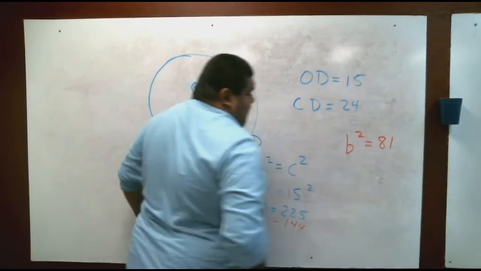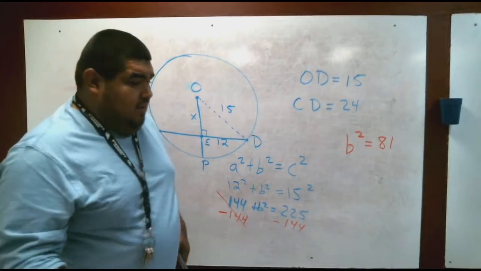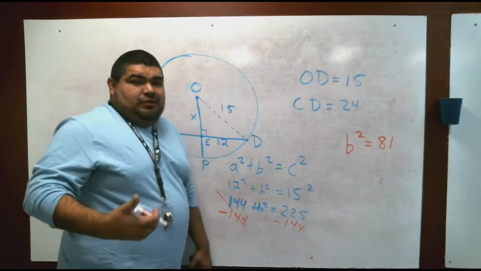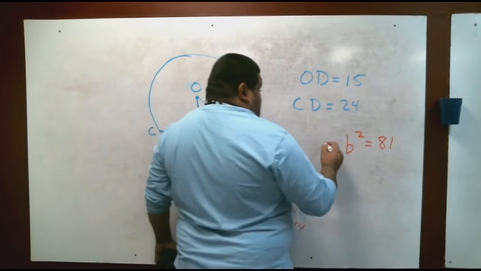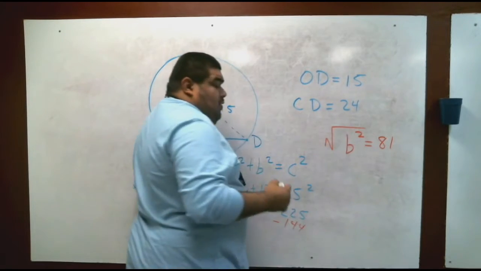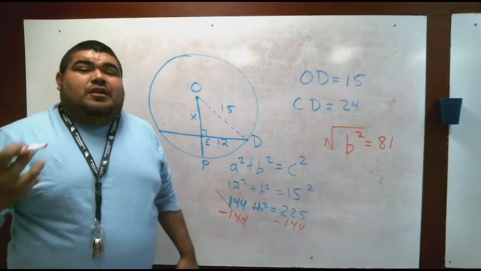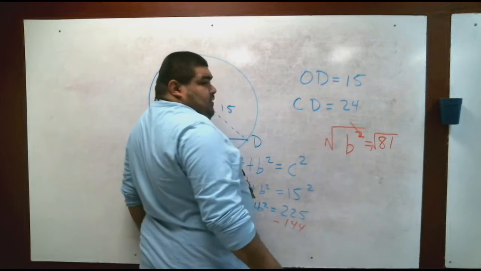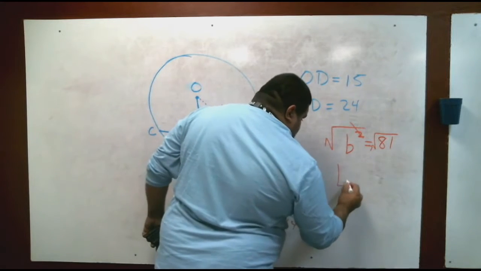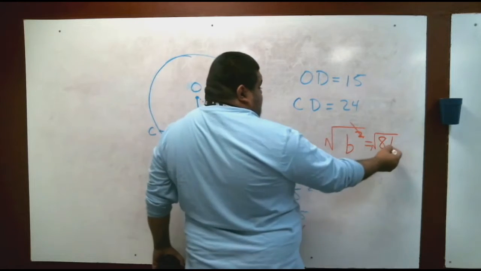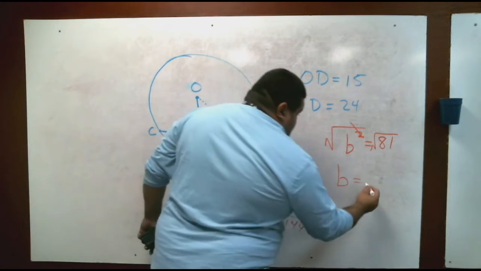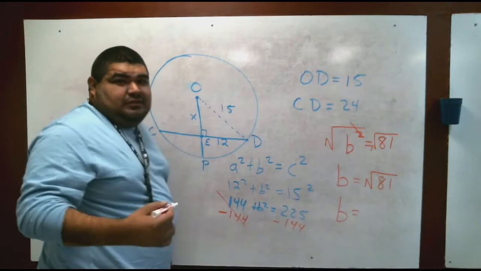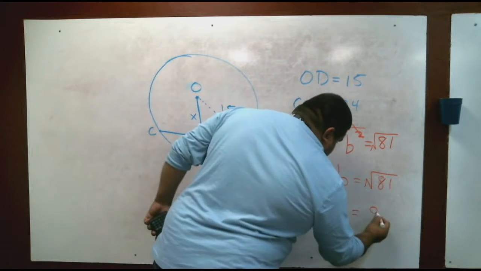So we have 81, but we're not done yet, because we're trying to leave B alone without the square. The rule is when you're dealing with squares, the opposite of a square is the radical. Whatever you do to one side of the equal sign, you have to do to the other. So we take the radical of 81. The square and the radical cancel out, and we're left with B equals the radical of 81, which, since it's a perfect square, is 9.